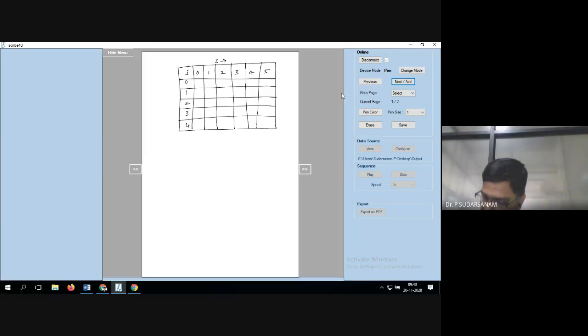Write it here: W1 is equal to 2, V1 is equal to 12. W2 is equal to 1, V2 is equal to 10. W3 is equal to 3, V3 is equal to 20. W4 is equal to 2, V4 is equal to 15.